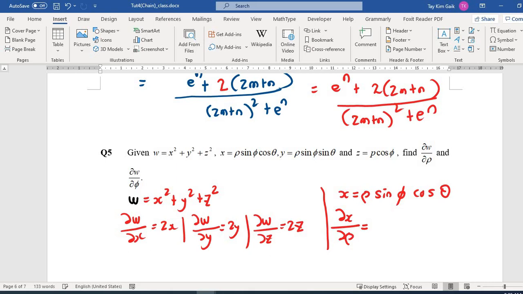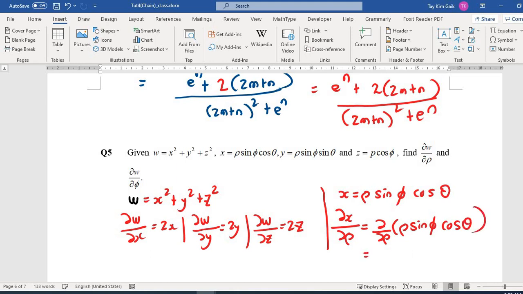So you just need to find del x del rho. When you differentiate with respect to rho, phi and theta are constant. That's why del x del rho is del rho of rho sin phi cos theta.